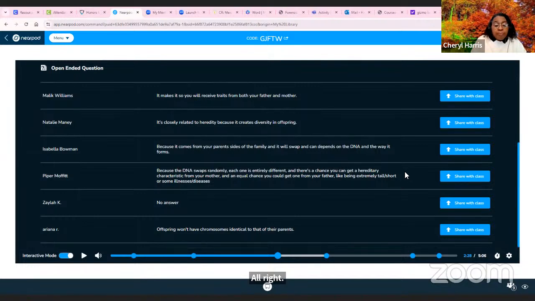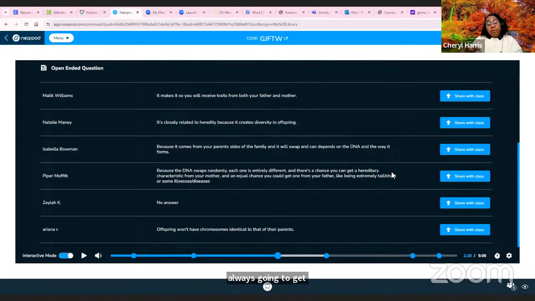Okay. Now, Piper, in relation to your answer, and then I'm looking at someone else's answer as well. You're going to get traits from both anyway, because when the egg meets the sperm, they're bringing their traits together. So you are always going to get traits from mom and traits from dad.